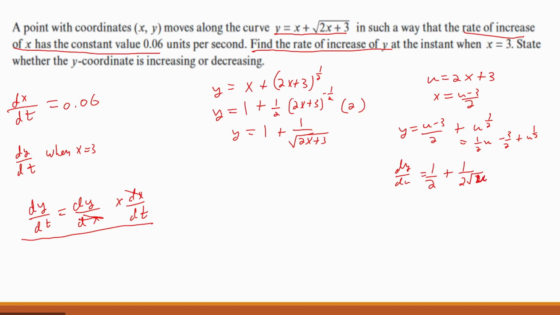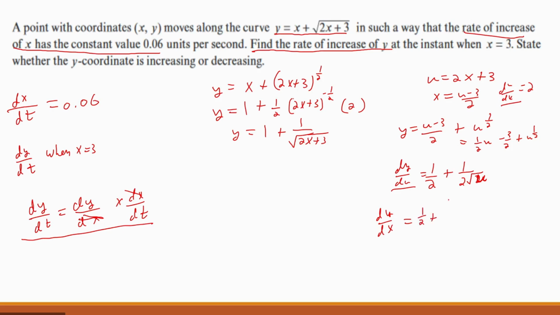Alright, so we have our dy over du, and now let's see du over dx. du over dx is simply 2. So to find dy over dx, we are just supposed to multiply dy over du with du over dx. As you can see, the du is once in the numerator and once in the denominator, so it will cancel out either way.